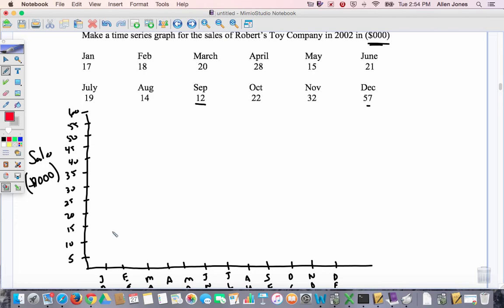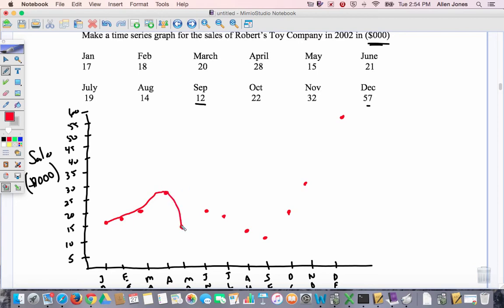And as we've mentioned, the time series graph is a line plot. So in January we had 17, in February we had 18, in March we had 20, in April we went up to 28, in May we went all the way back down to 15, in June we went back up to 21, July we went to 19, August all the way down to 14, September lower yet at 12, October shooting back up to 22, November up to 32, and December all the way up to 57.